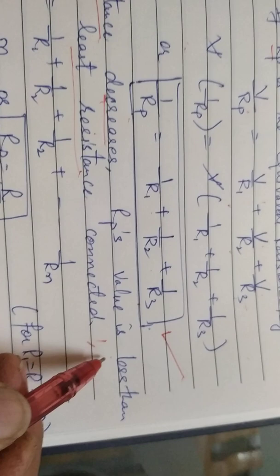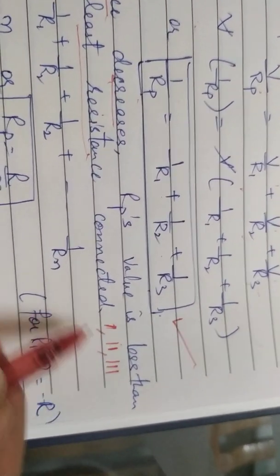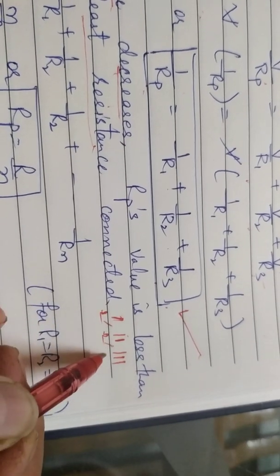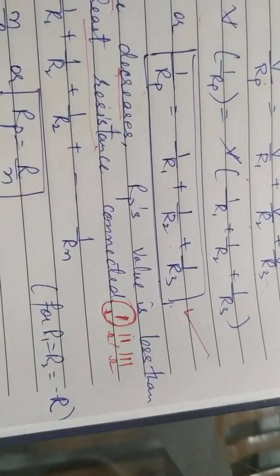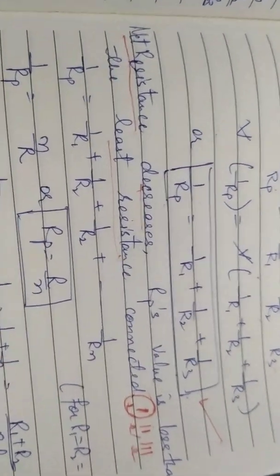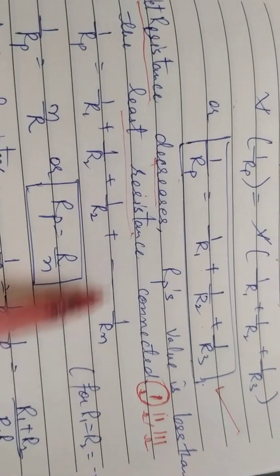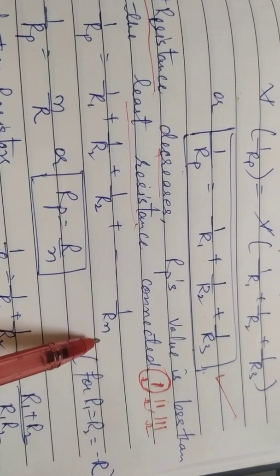If you connect three resistors of 1 ohm, 1 ohm and 1 ohm in parallel, then the answer will be less than 1, right? So its answer is always less than the least. Next results are, if there are n resistors, you will keep on adding reciprocals like this up to Rn.